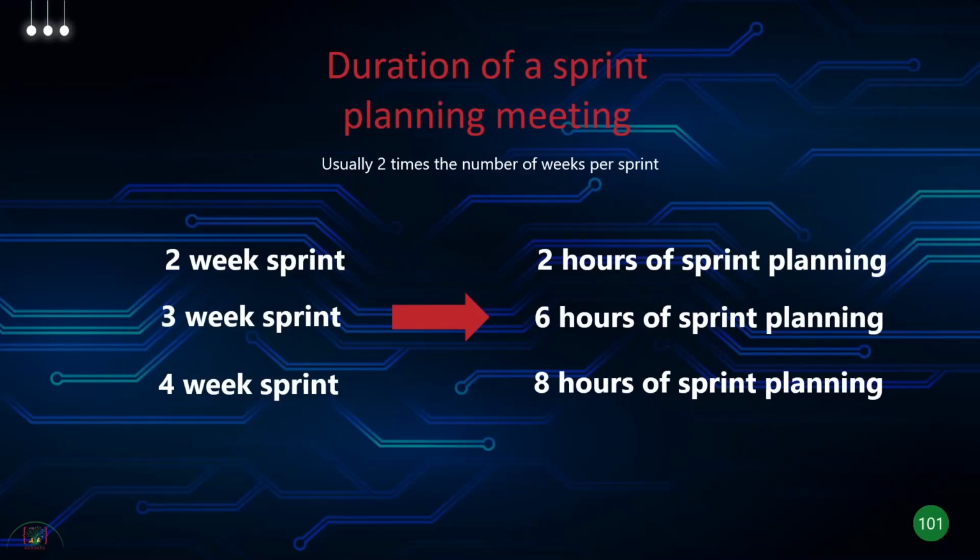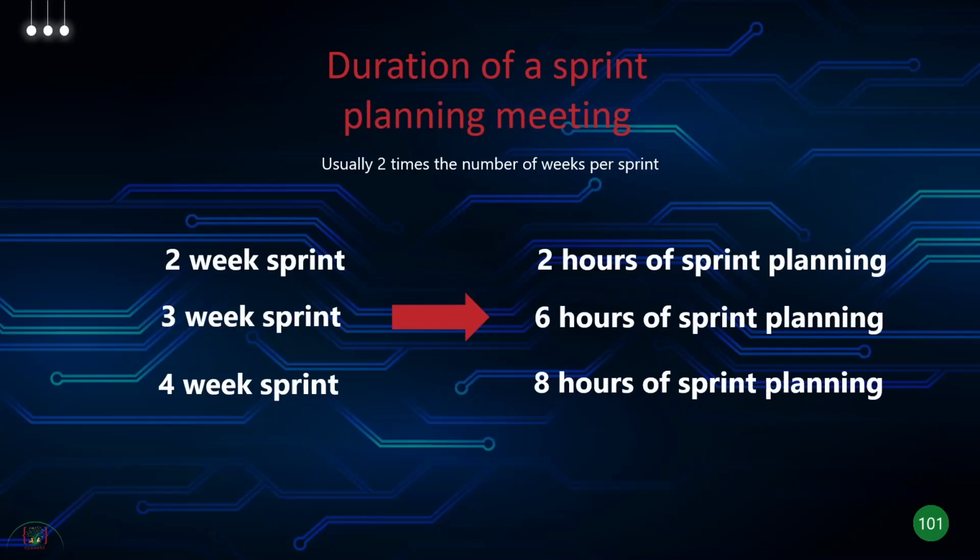All right. Now let's talk about duration of a sprint, right? This is again a rough method that many Scrum Masters use. So it's the sprint planning meeting. It's usually 2 times the number of weeks per sprint.